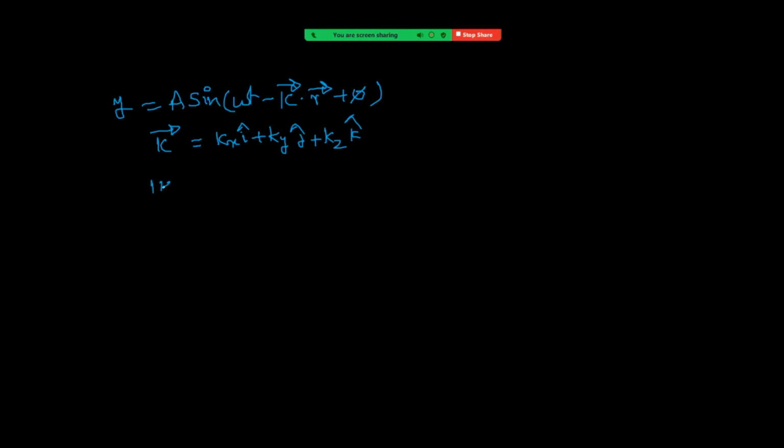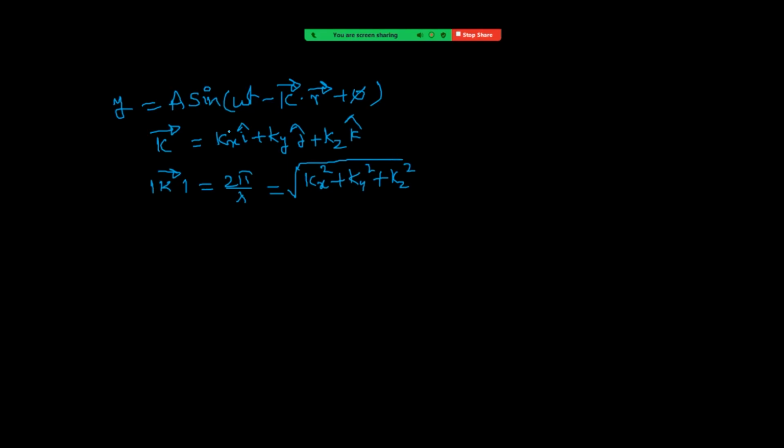And if you take the modulus of k bar, that is equal to 2 pi by lambda, which we have learned earlier, known as the wave number, right? And the modulus value is nothing but the square root of kx square plus ky square plus kz square.